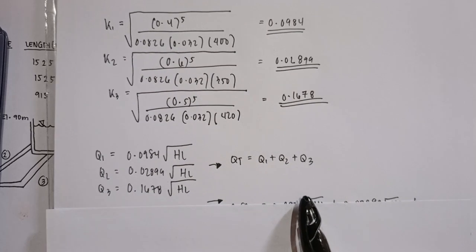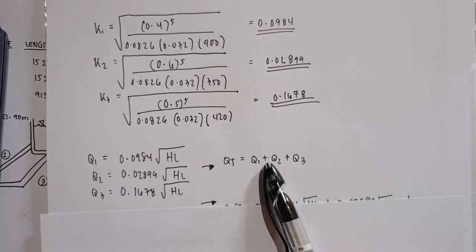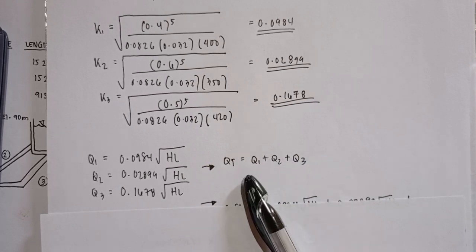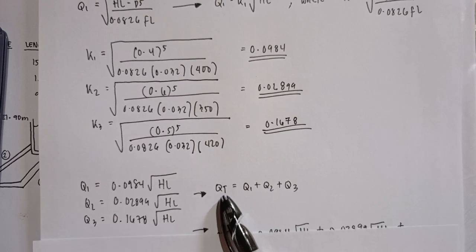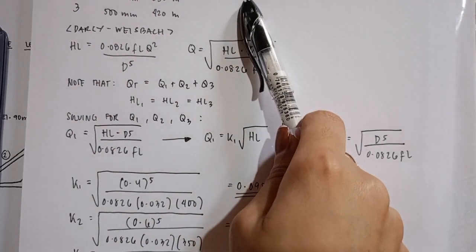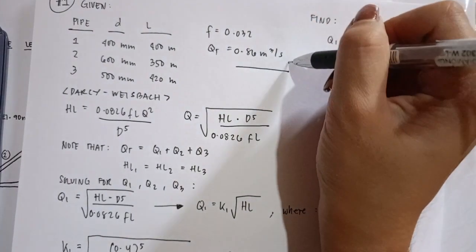We recall that QT is equal to Q1 plus Q2 plus Q3, and our QT, we have it in our given, stated in the problem, 0.86 meter cube per second.